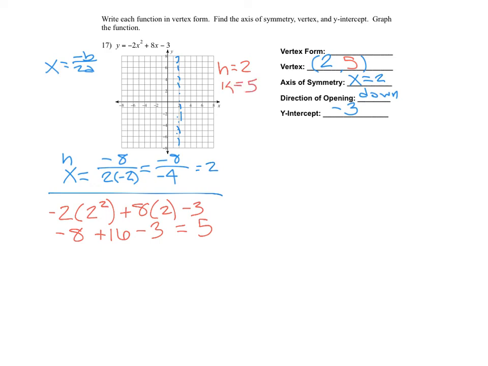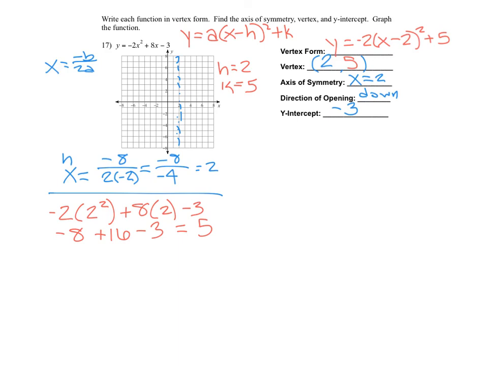And remember that our equation for vertex form is y equals a(x minus h) squared plus k. So we're switching the sign out front of our h, and our k just stays the same. So our vertex form here is y equals -2(x minus 2) squared plus 5.